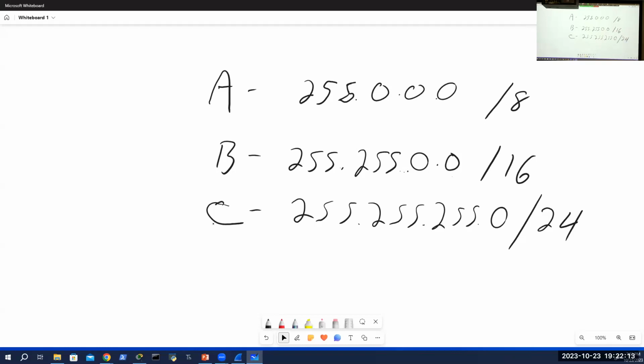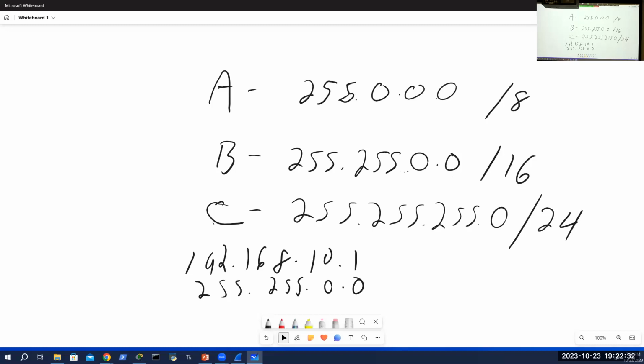But I can take this address, 192.168.1, and assign it to my computer with this subnet mask. Nothing wrong with that.